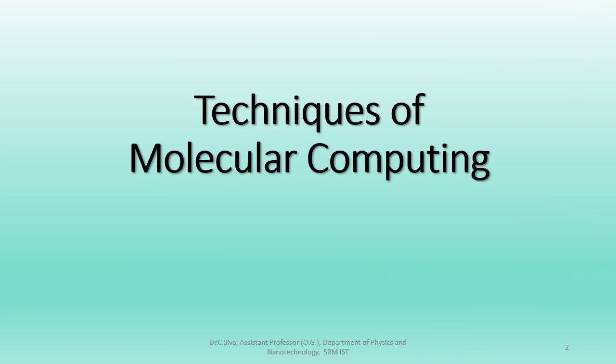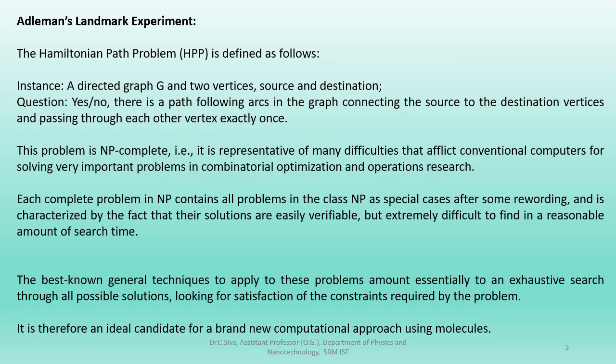Okay. First one is the Adleman experiment. In this slide, we introduce Adleman's landmark experiment. He used DNA to solve the Hamiltonian path problem, which is called HPP. The problem is defined on a directed graph with a starting and end point.